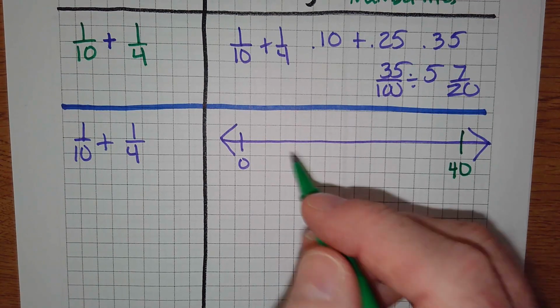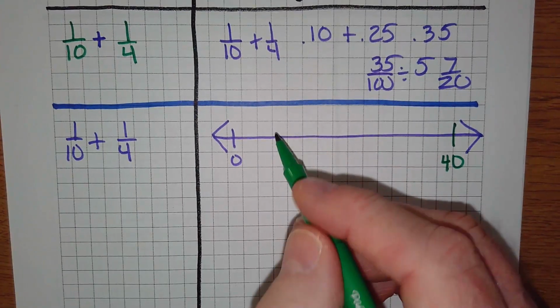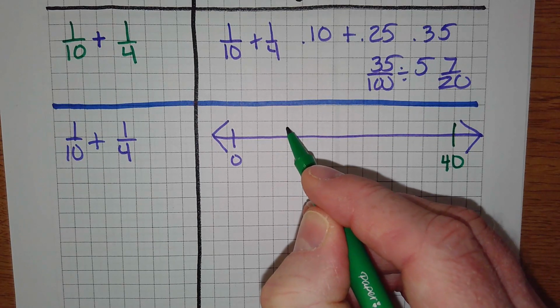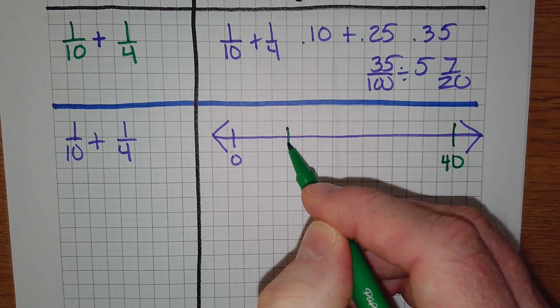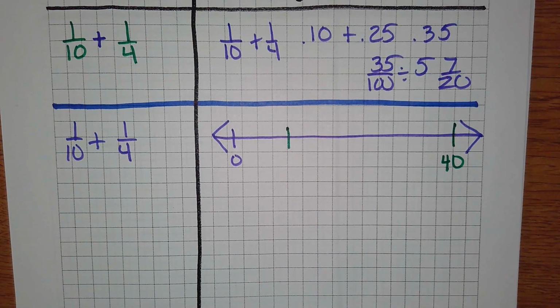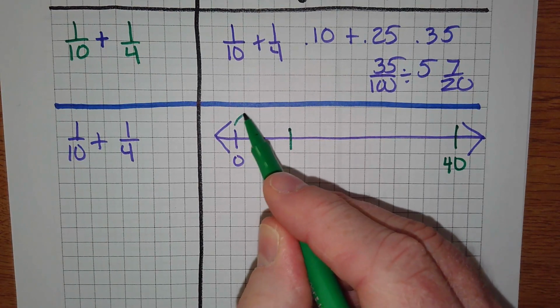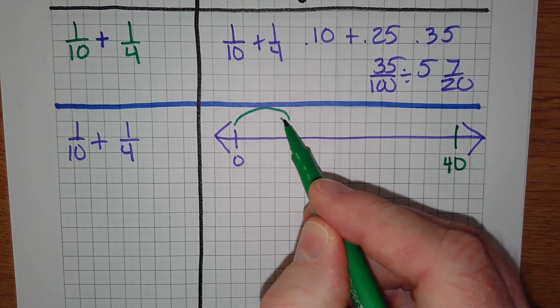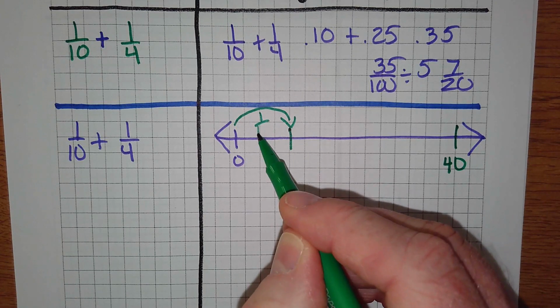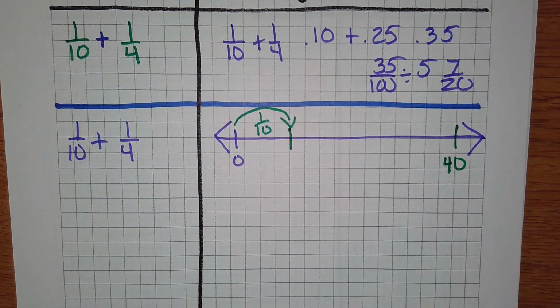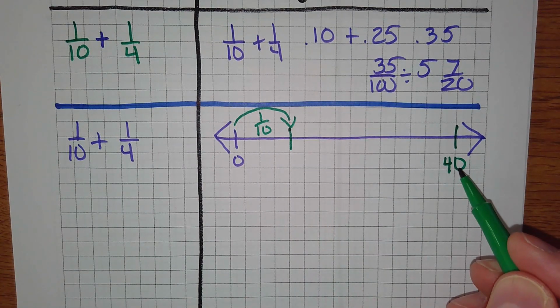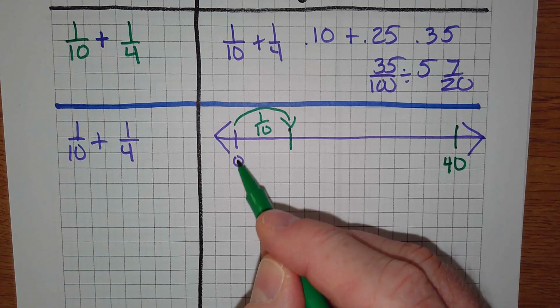He did 1/10 of the trail. So we're going to put a mark here. It's a 1/10, so it's not too much. That's probably even more than we needed. But we're going to draw an arc showing us that he went forward 1/10. And that 1/10 of our 40-kilometer trail equals how much?